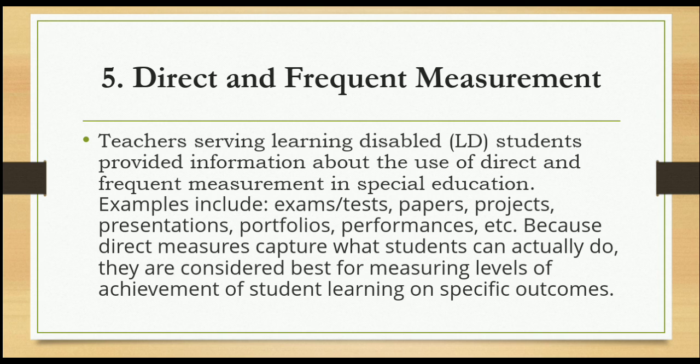These examples are direct and frequent measurement because direct measurements capture what students can actually do. They are considered best for measuring levels of achievement of students' learning on specific outcomes.